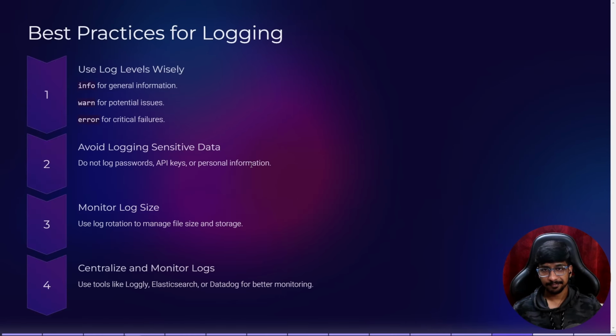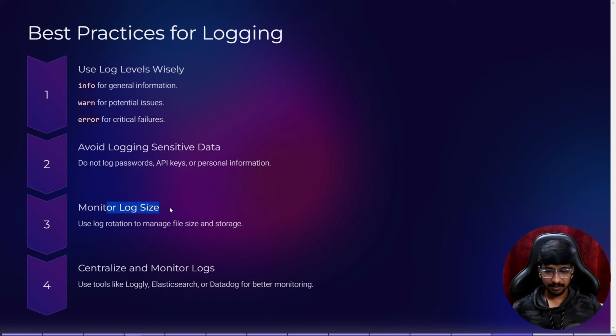Best practices, whatever we have performed till now. Use logs wisely: have info logs separately, warning logs, and error for critical failures. Separate logs will help you debug much faster. Avoid logging sensitive data, so we are not logging any passwords, API keys or personal information.